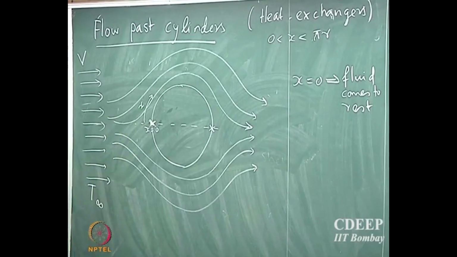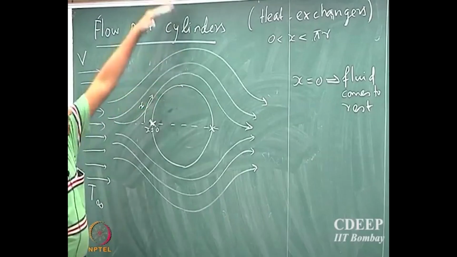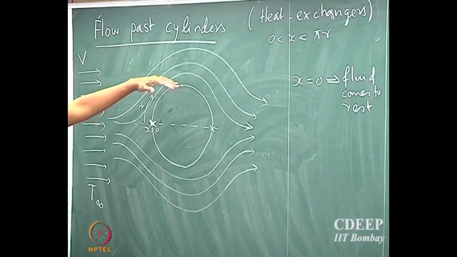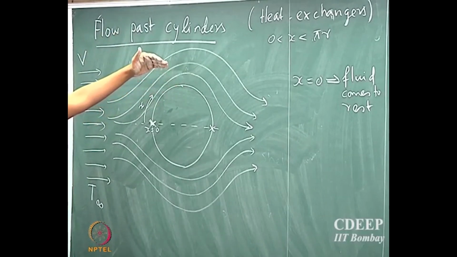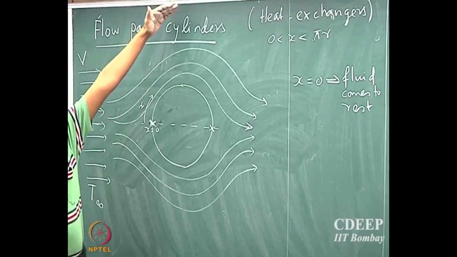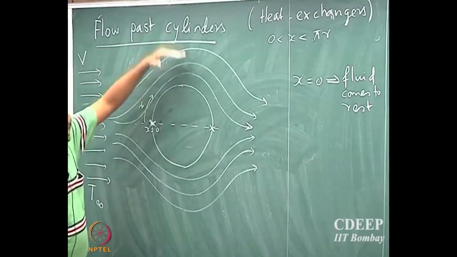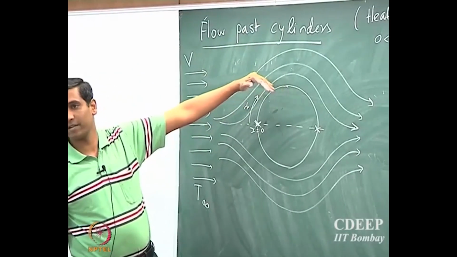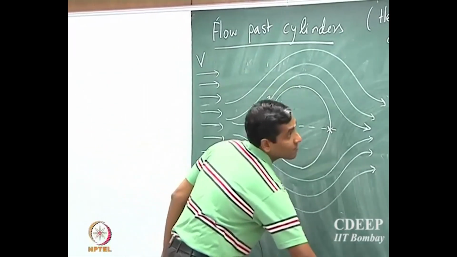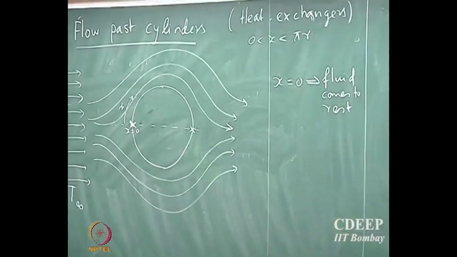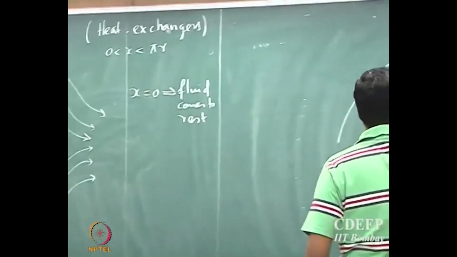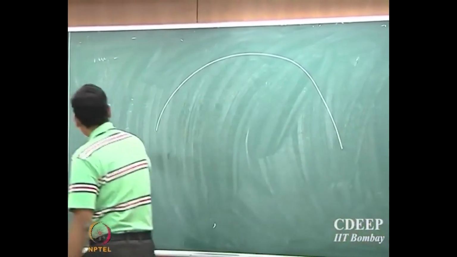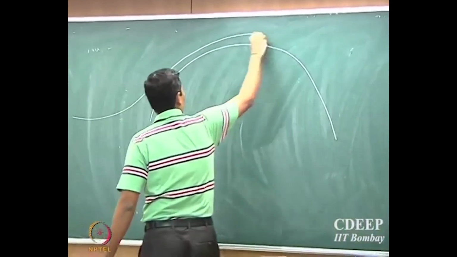Okay. Now, if you look at the fluid which is flowing well past this cylinder, they are not in direct contact with the cylinder at all. The only way it feels the presence of the cylinder is because of the deceleration that the fluid experiences because of the presence of the cylinder far away. Okay. So now, suppose I zoom in on the upper half of the cylinder, okay, and we have fluid which is flowing past this upper half.